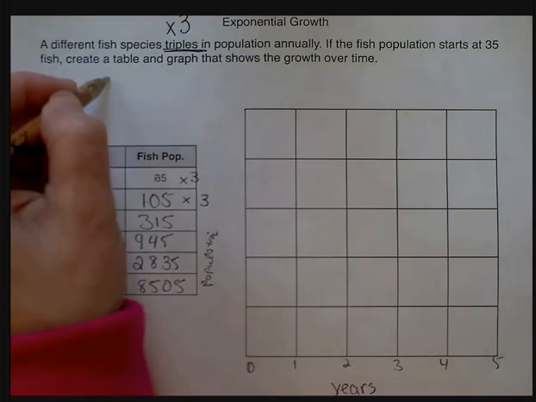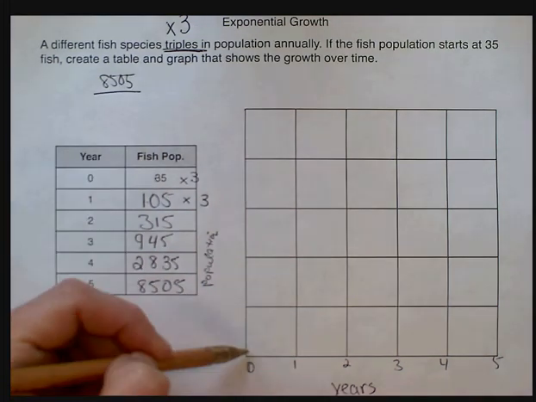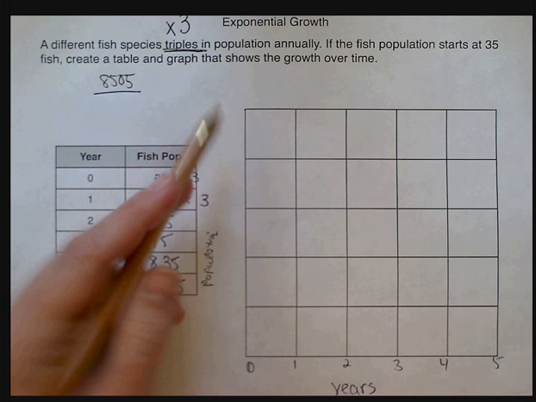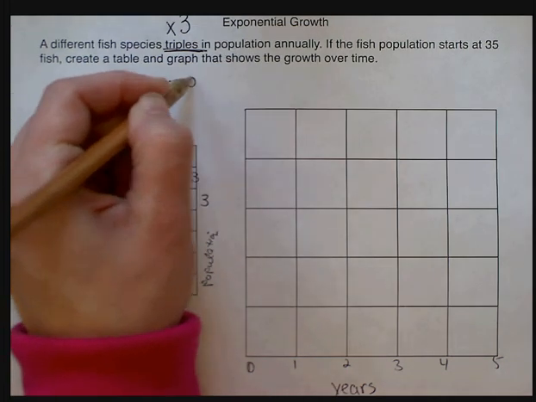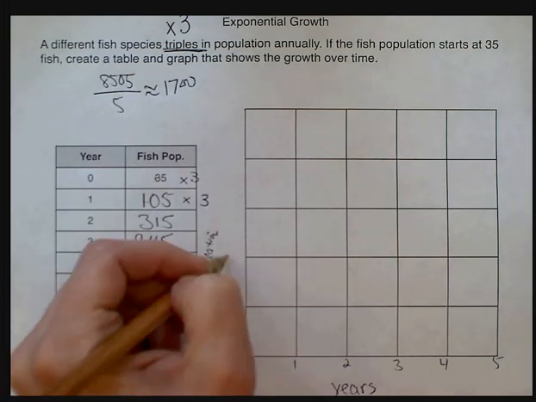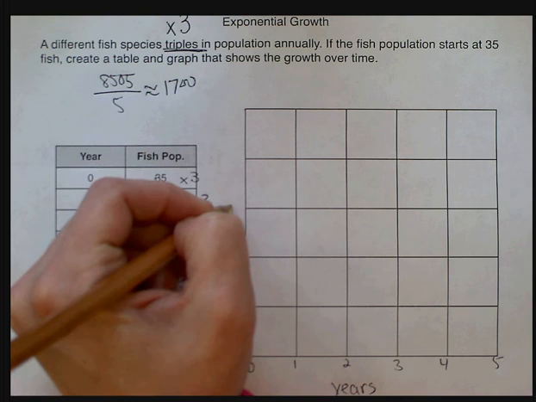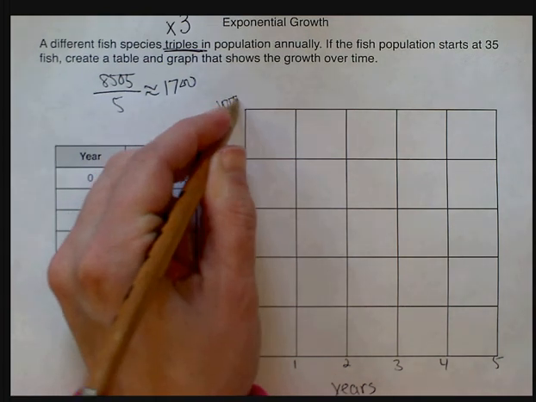To do that, I'm going to take 8,505 and divide it by how many spaces I have: 1, 2, 3, 4, 5. When I do that, I get approximately 1,700, so I'm going to round that up to 2,000. So this will be 2,000, 4,000, 6,000, 8,000, 10,000, which is a good scale to go by on the y-axis.